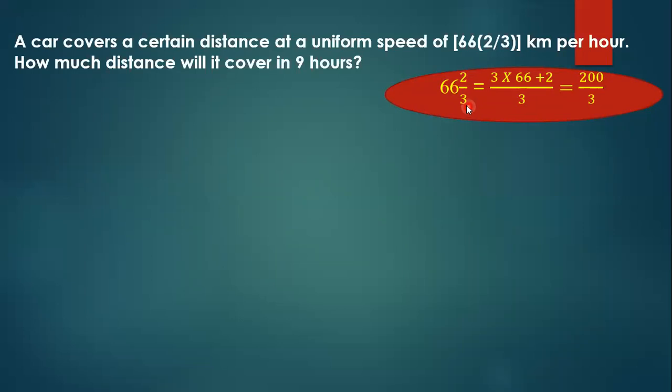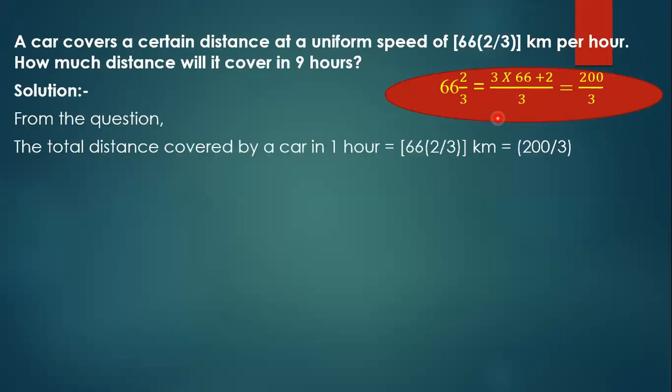And how is it done? 3 multiplied by 66 plus 2. All right. And here we get 3 multiplied by 66 plus 2 gives us 200, and the denominator remains same. Is this clear, children? The very first thing that we need to do is convert a mixed fraction from the question into an improper one. Okay.